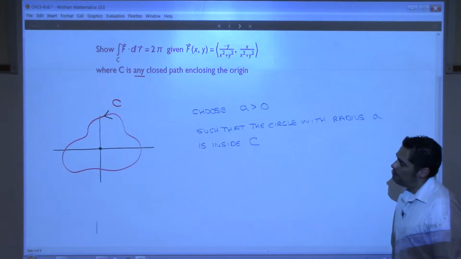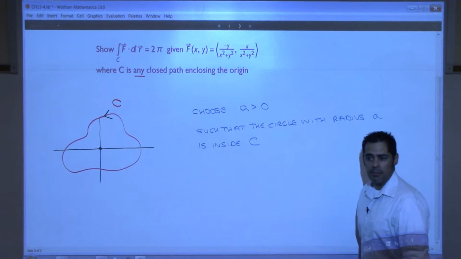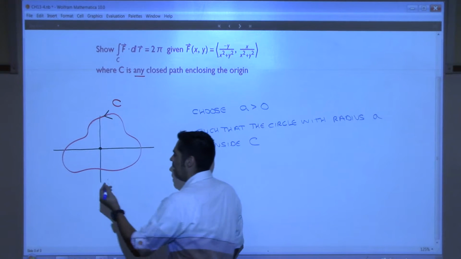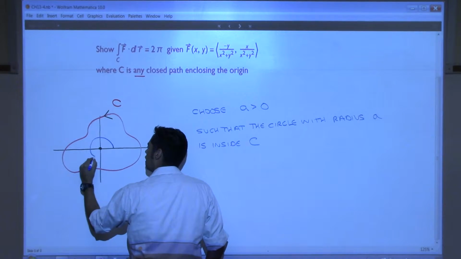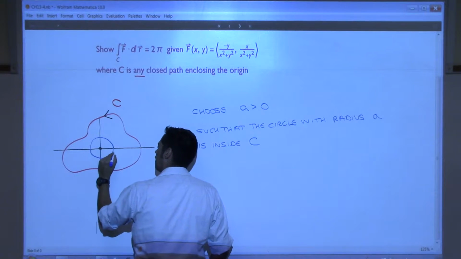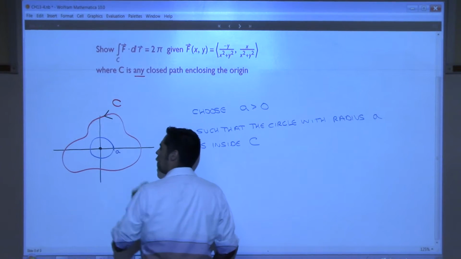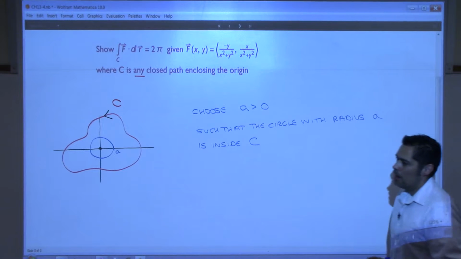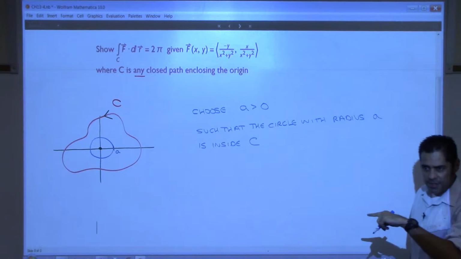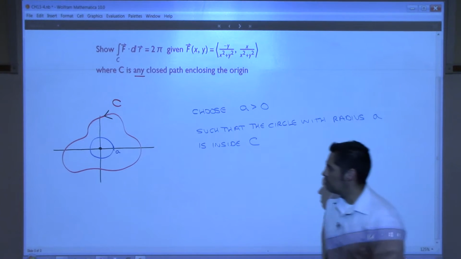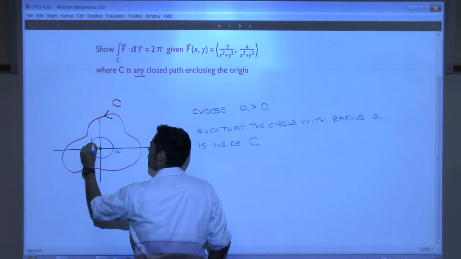Okay, so let me draw this little circle that I'm going to put in here. Just so you can see it, the A might be smaller, but that circle's right here. It has a radius of A. You with me? I'm going to orient that the same direction. I know in the previous derivation of the formula it was the opposite direction, but I'm going to do this in the same direction like that.